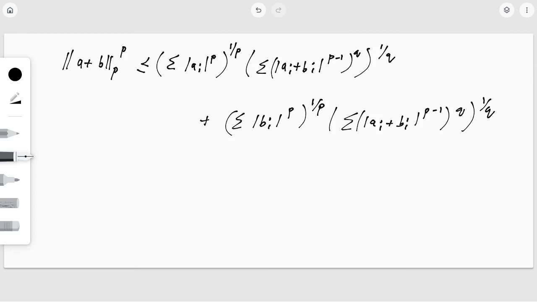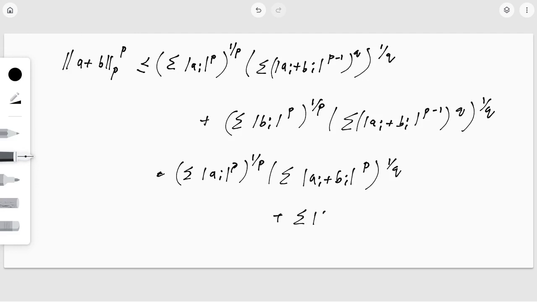So this can be written as summation mod ai whole raised to p whole raised to 1 by p into summation mod ai plus bi whole raised to p whole raised to 1 by q plus summation mod bi whole raised to p whole raised to 1 by p into summation mod ai plus bi whole raised to p whole raised to 1 by q.